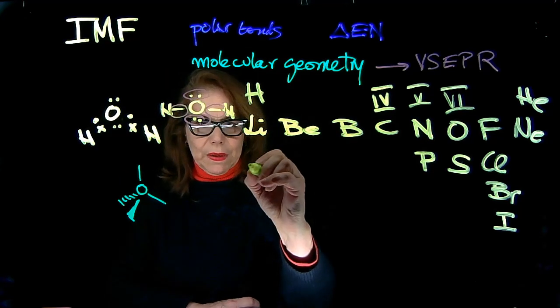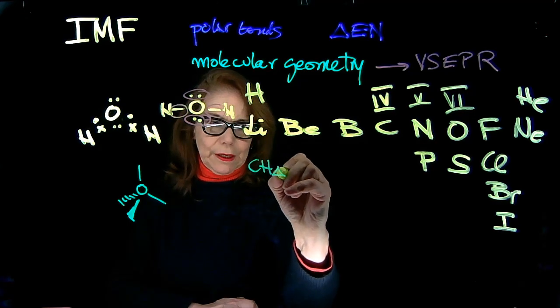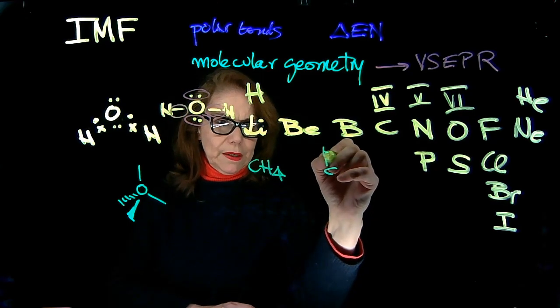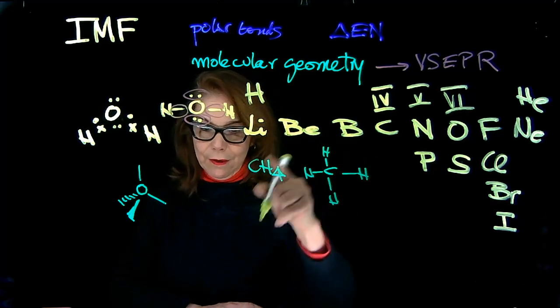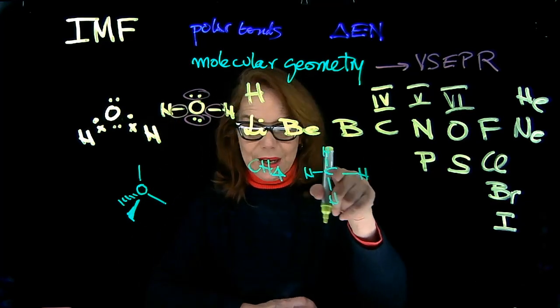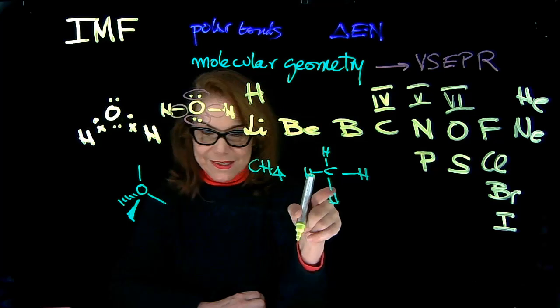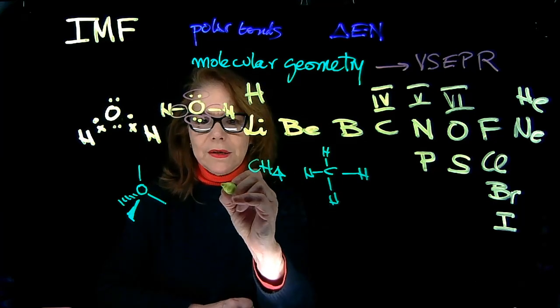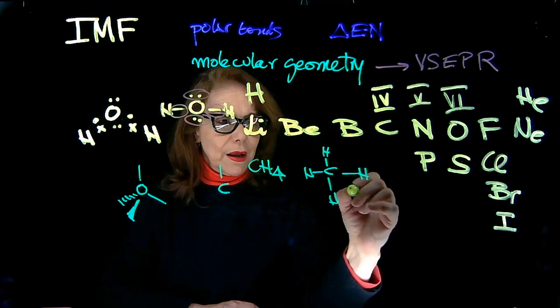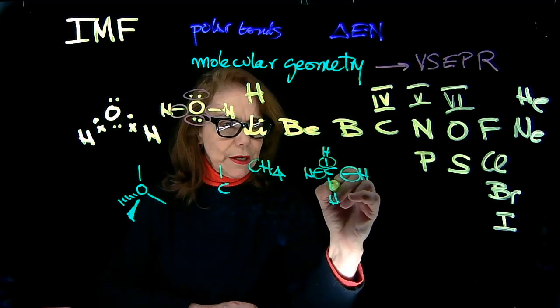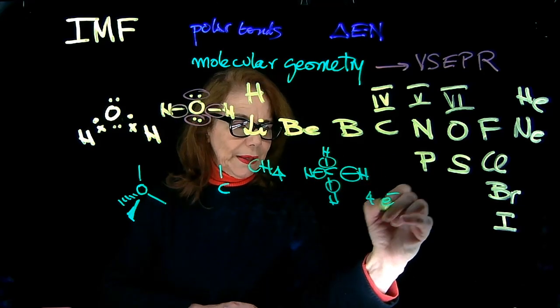If I had methane, which is CH4, the Lewis structure is 4 bonds. We know how to do that. 4 valence electrons of the carbon and 1 from each of the hydrogens makes these 4 sigma bonds. So let's do methane here. Again, 1, 2, 3, 4 electron domains.